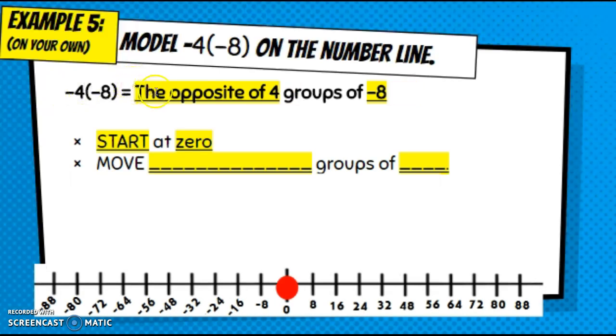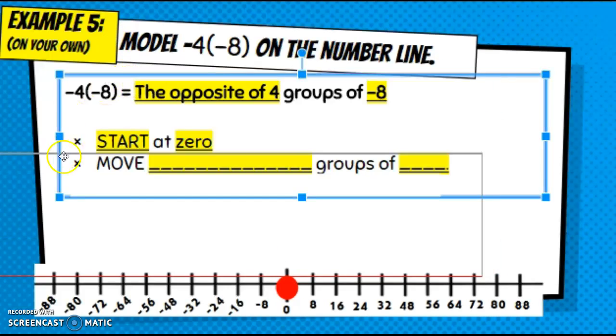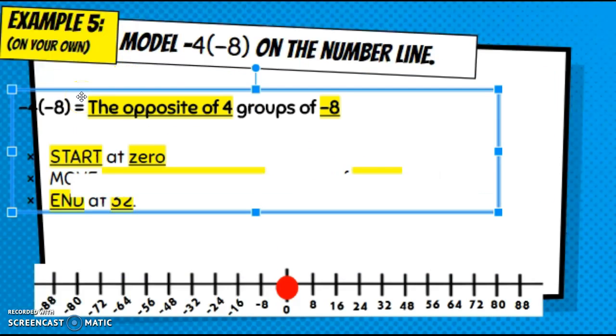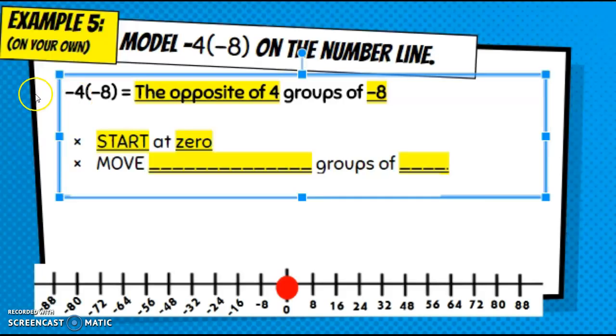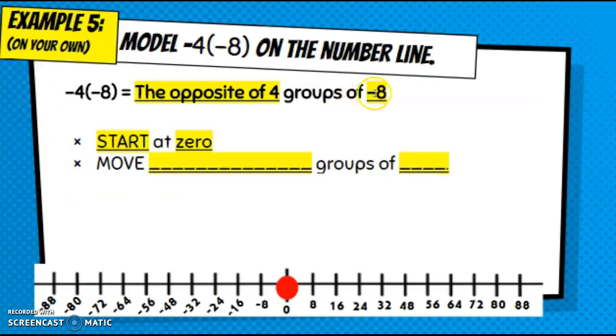So I have the opposite of 4 groups of negative 8. So each of my groups contains negative 8. I set up my number line to skip by 8s to the right and to the left. And again, I always start at 0. And I'm going to move, because this is a negative 4, the opposite of 4 groups of negative 8.